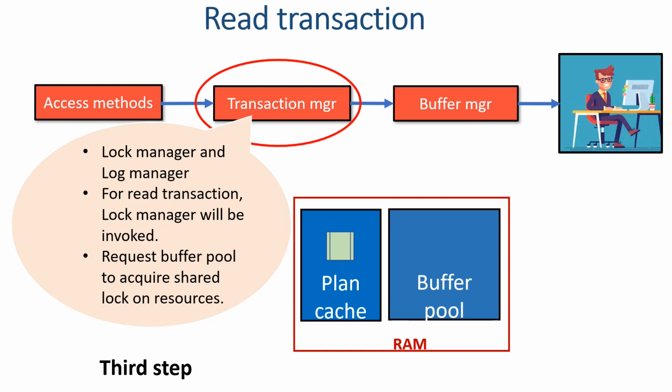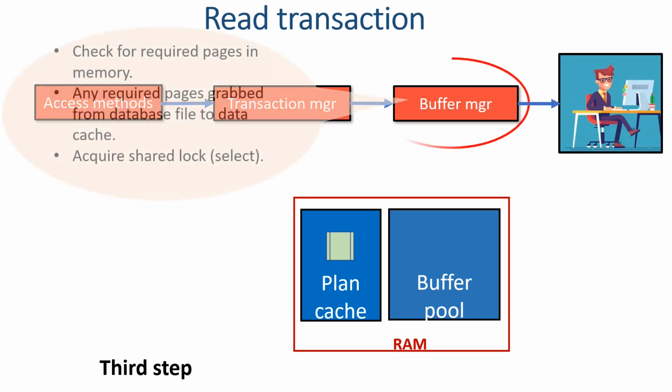It will request the buffer manager to put a shared lock on the resources that the buffer manager needs. Why shared lock? Because this is just a read transaction and not a write transaction. We do not want to block any other queries that are running simultaneously.